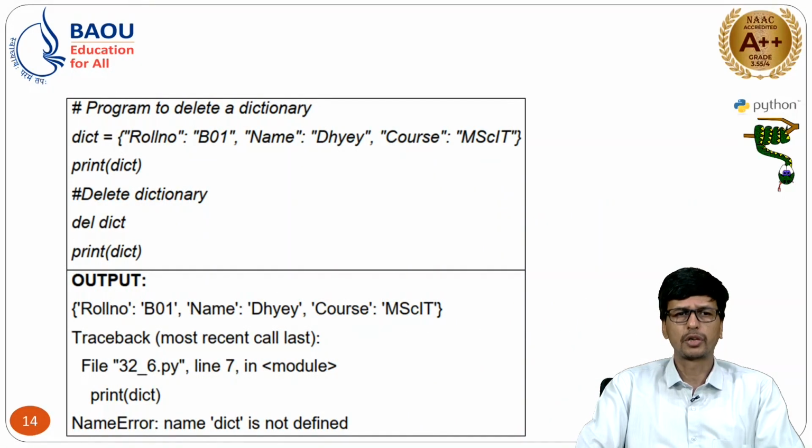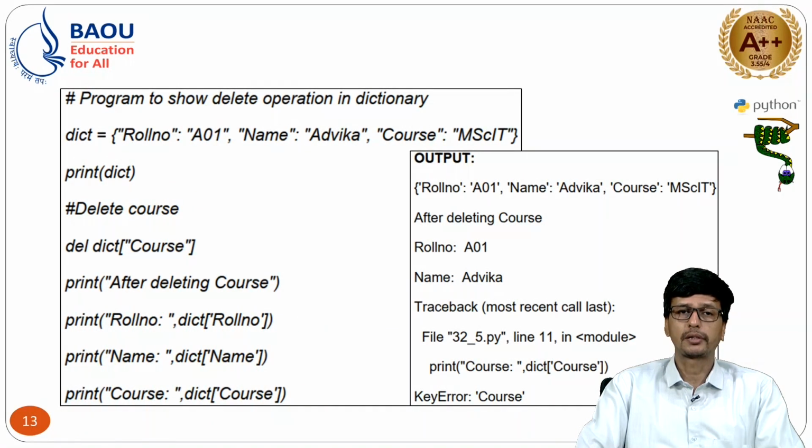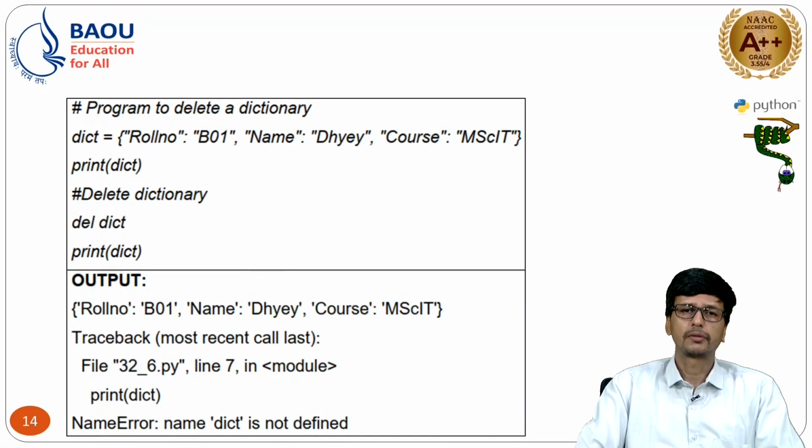Another example you can observe here: suppose you want to delete the whole dictionary. In the previous example we just deleted a single element, but here you delete the whole dictionary. In that case you write the del command and then the dictionary name without entering any key. If you enter the key, that means only the value associated with that particular key will be deleted.